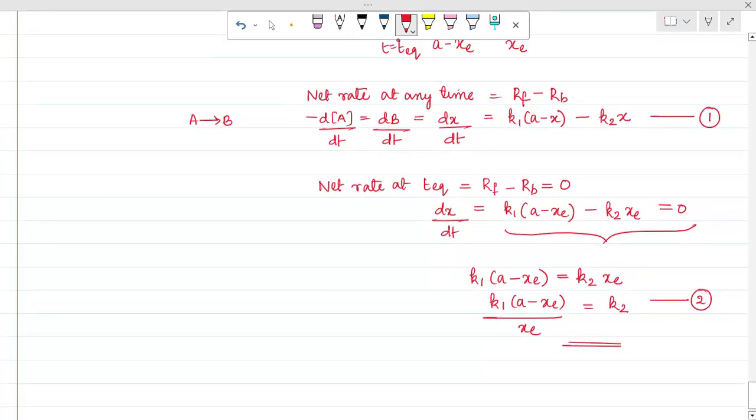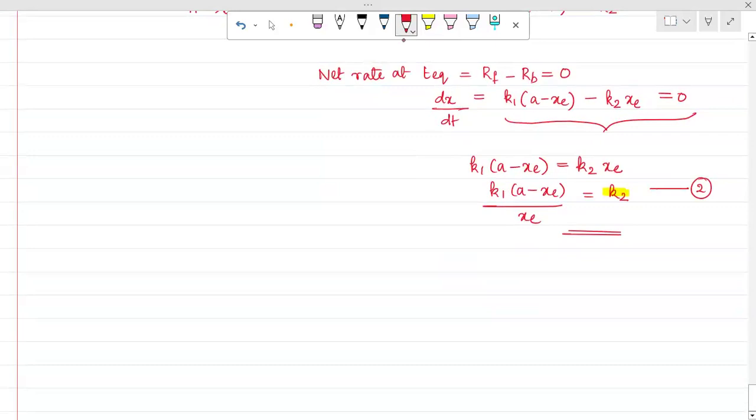Label this as 1, where you have written the net rate at any time, K1 into A minus X minus K2 X. So there is K2 over here. We have found an expression for K2. Let's substitute. Put 2 in 1.